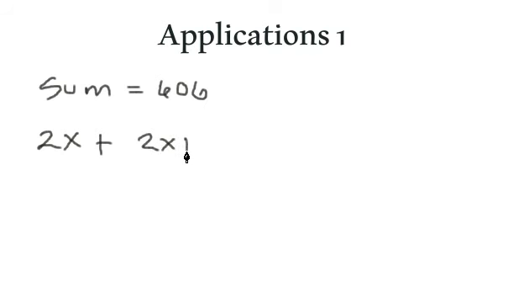Our sum is going to be 606. The first even integer is 2x, and the second is 2x plus 2, because we've got to come over a distance of 2, and then our third one, we would be coming over 4. And that is all equal to 606.